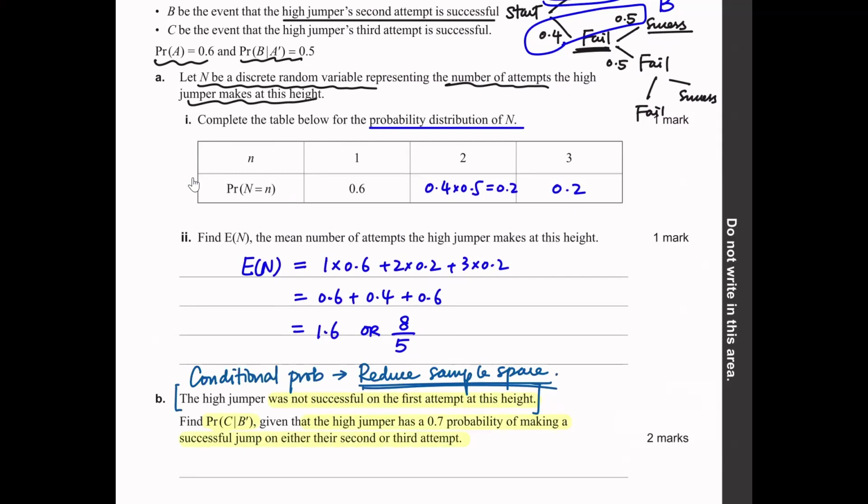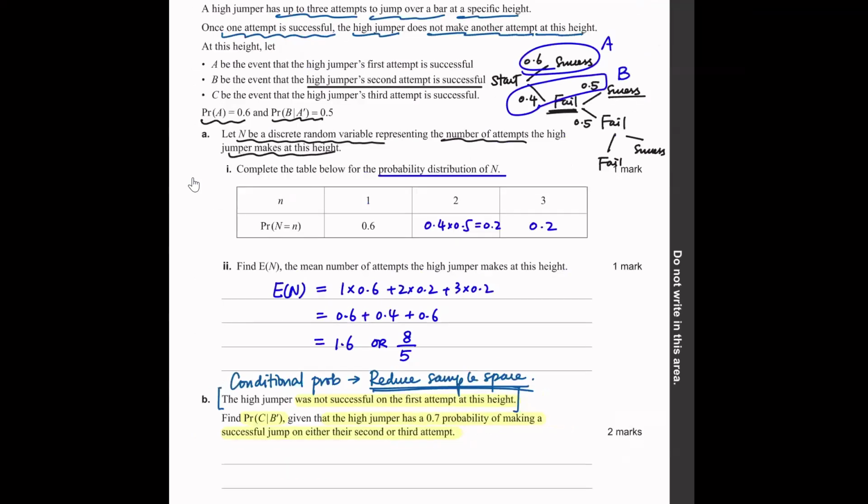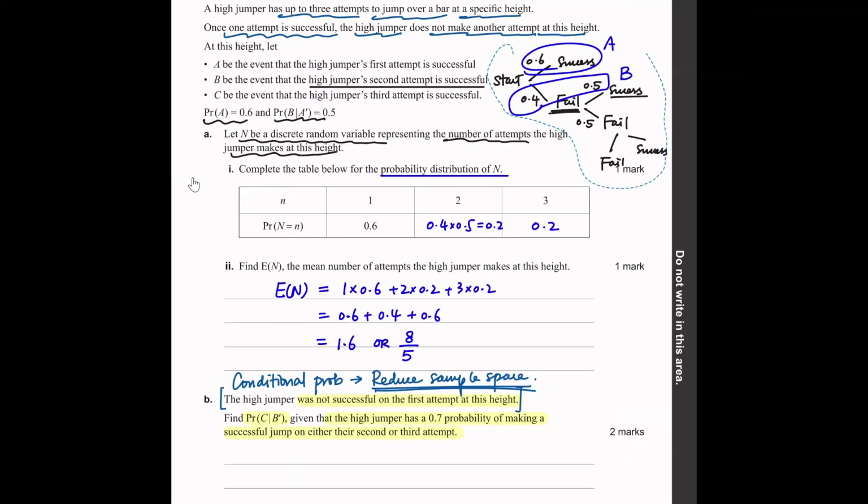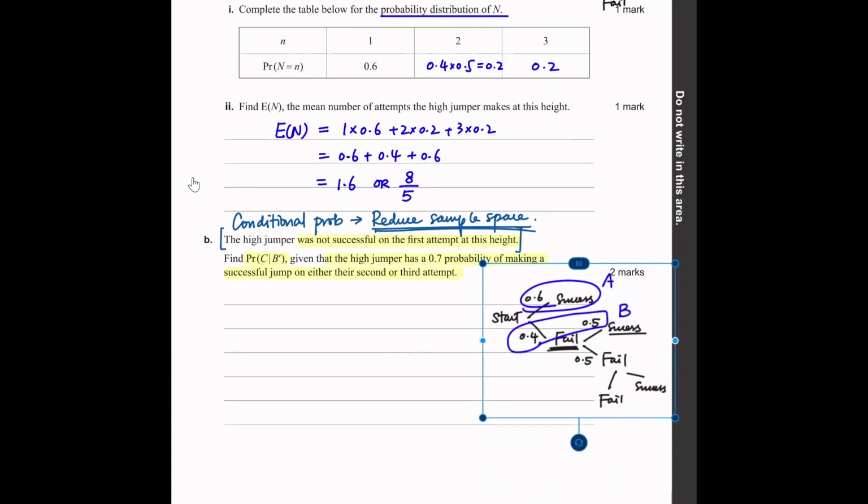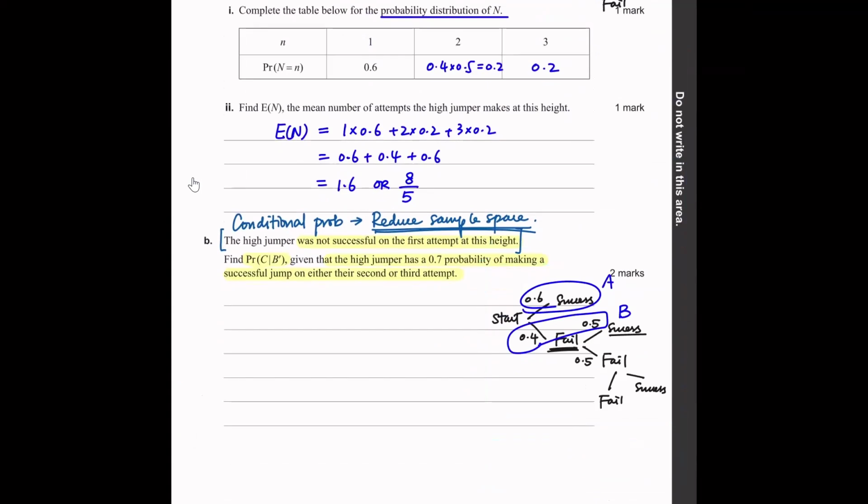So if you reduce your sample space, let's have a look at this diagram. Let me just knock out this thing here.